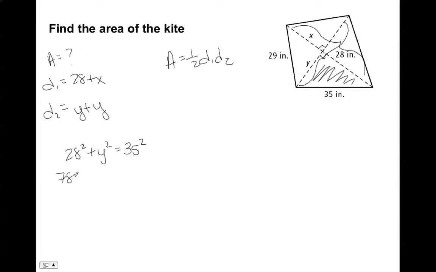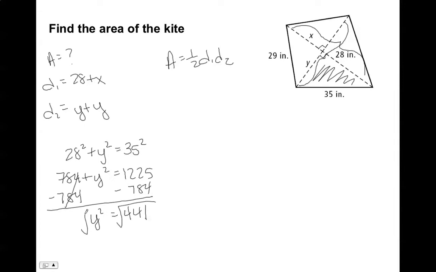When we go through and solve this, we get that y is 21.